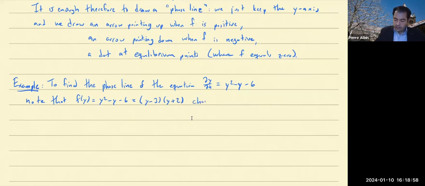And so this is going to change sign at the points where it vanishes, at y equal to minus 2 and y equal to 3.